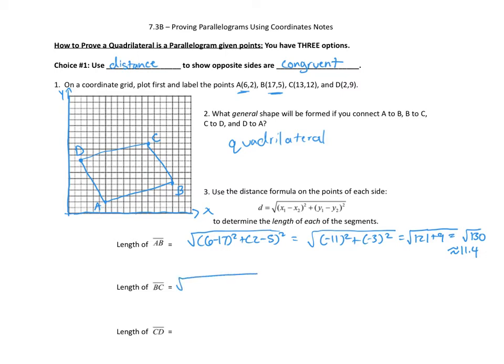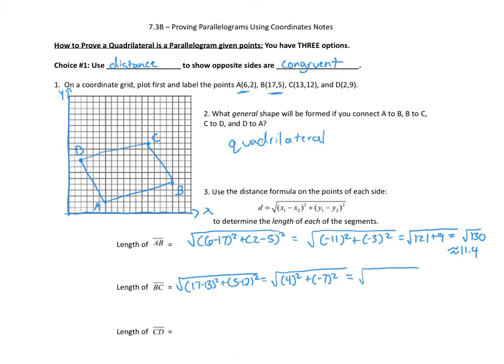Now we have 17 and 13 for the x's, so 17 minus 13 squared. Y's are 5 and 12, 5 minus 12 squared. 17 minus 13 is 4, and 5 minus 12 is negative 7 squared.